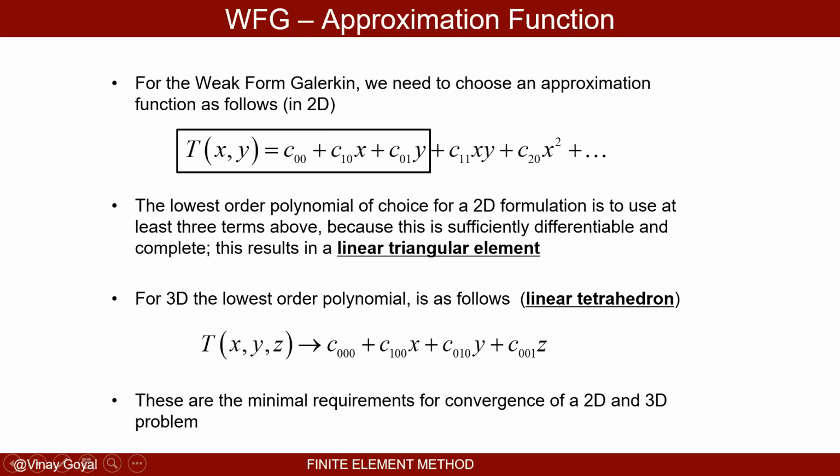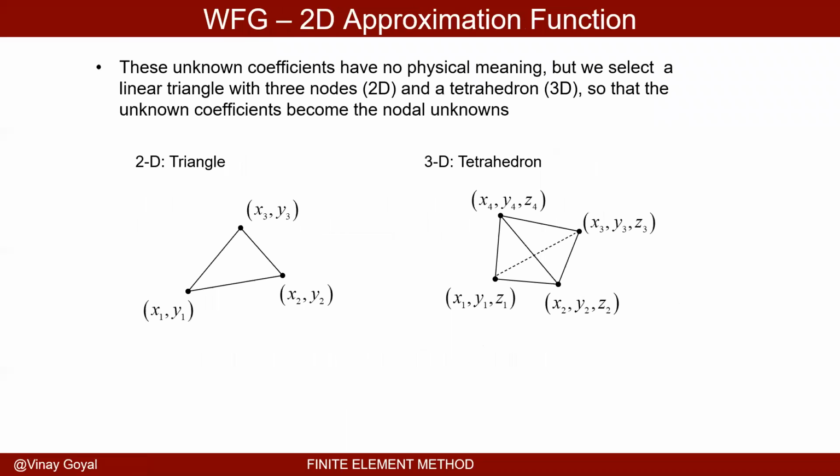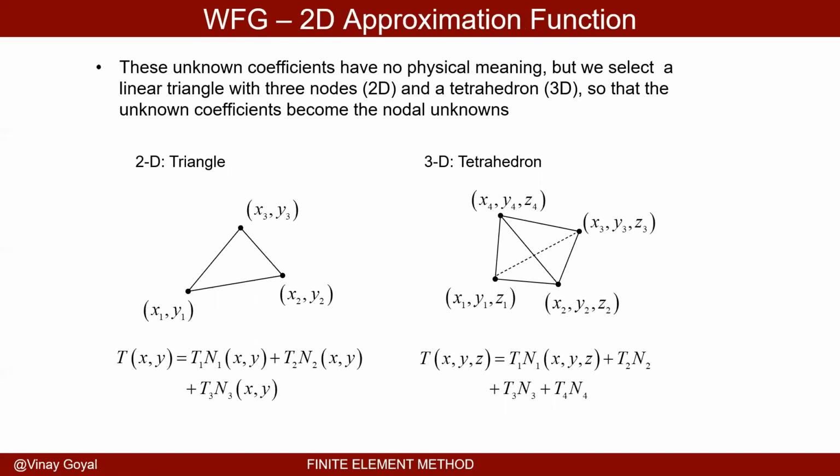So the lowest polynomial in 2D looks like this. But when I go to a linear tetrahedron in 3D, I'll have four nodal unknowns, and I have to add z there. There are a minimal number of convergence requirements for 2D and 3D, generally speaking, and that needs to be considered.